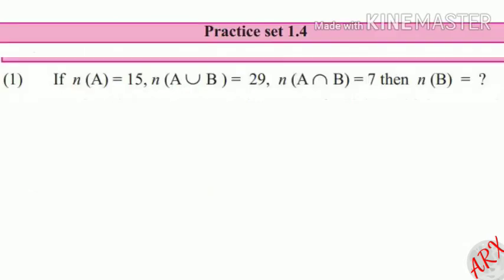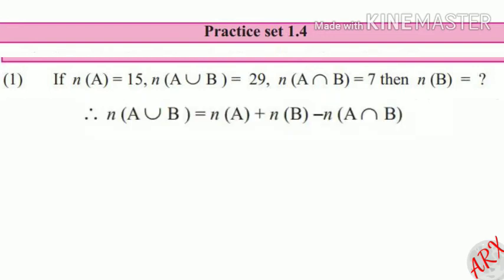Now we will move on to Practice Set 1.4. First example: if n(A) = 15, n(A ∪ B) = 29, n(A ∩ B) = 7, then n(B) = ? That is, we have to find the number of elements in set B. As we know the formula, n(A ∪ B) = n(A) + n(B) - n(A ∩ B).